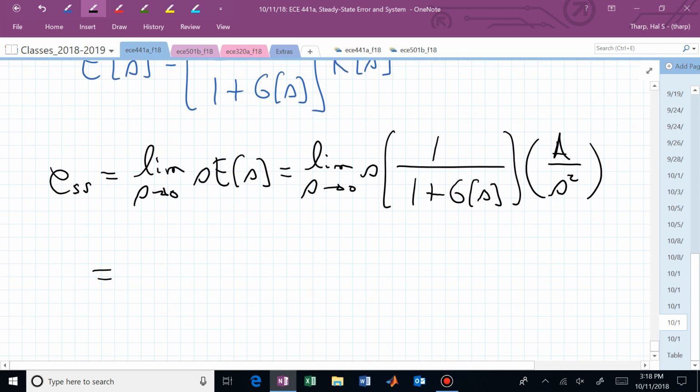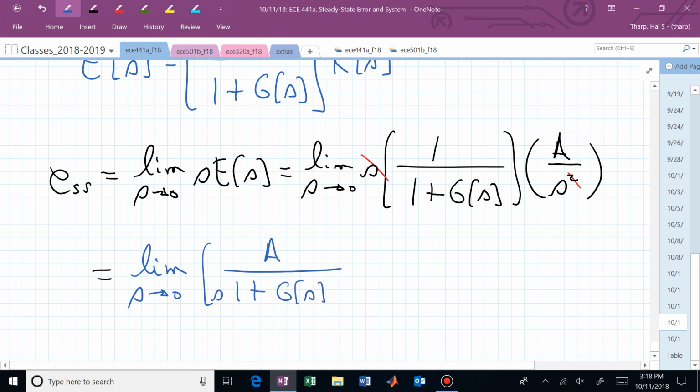Let me go through this a little more slowly. One of these s's cancels that s, so now we have the limit as s goes to 0 of a over s times 1 plus g of s, with an s left over.